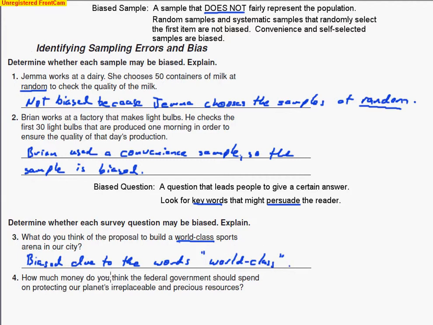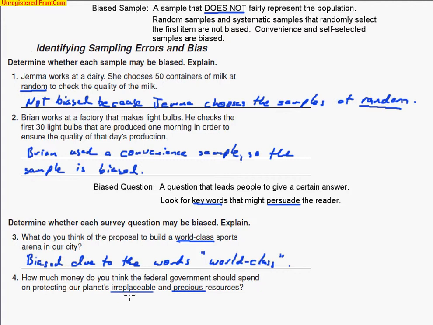How much money do you think the federal government should spend on protecting our planet's irreplaceable and precious resources? These two words right here make that question biased. If they hadn't used those two words, if they had just said, how much money do you think the federal government should spend on protecting our planet's resources, that would not be biased.